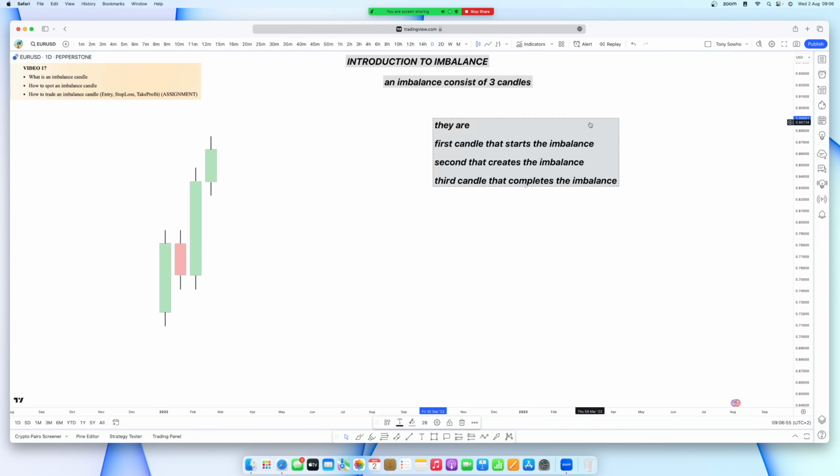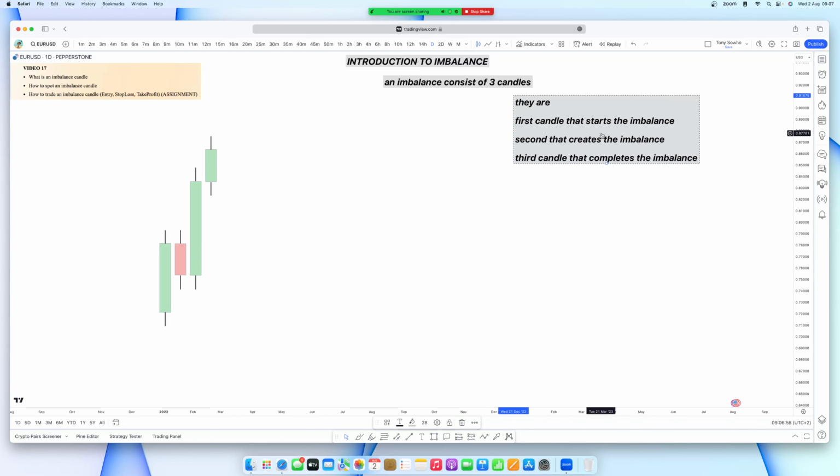So these are the 3 candles. Number 1, the first candle that starts the imbalance. Number 2, the second candle that creates the imbalance. And number 3 is the third candle that completes the imbalance.